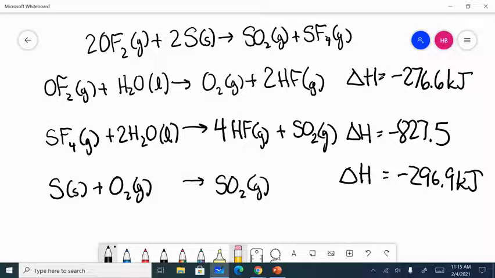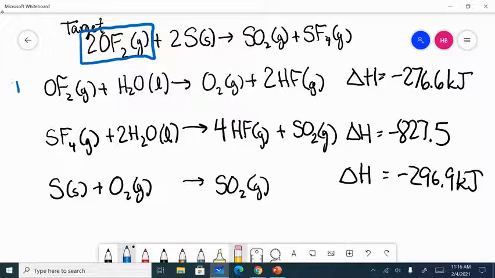This time we're given 3 equations that are known to us to get to this target. So I'm going to start from the beginning again. I'm going to say I need OF2 in the reactant side with a coefficient of 2. I look down at my 3 equations.